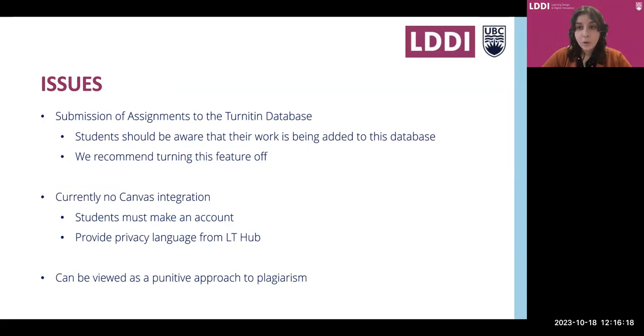So at UBC, we have two options. We can either add people's papers or submissions to the database, or we can not do that. It doesn't mean that they won't be able to compare their work against this database. It means that their paper won't be added to this database to be used then by Turnitin as a whole.